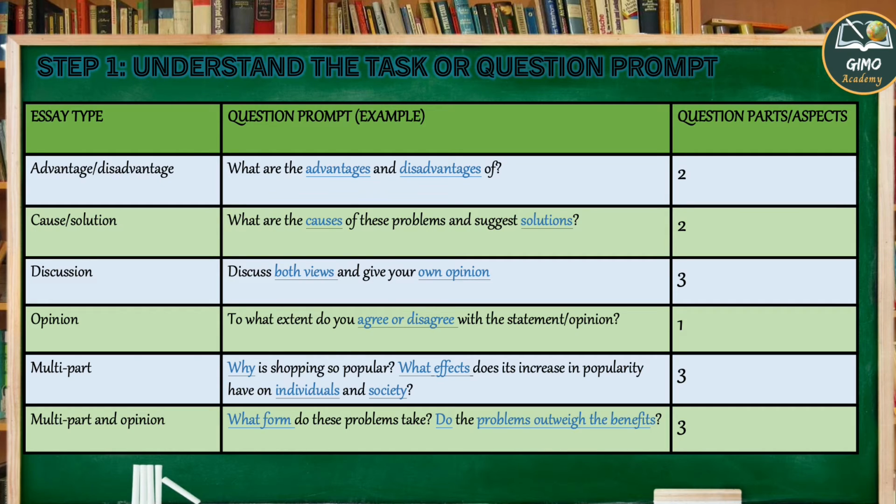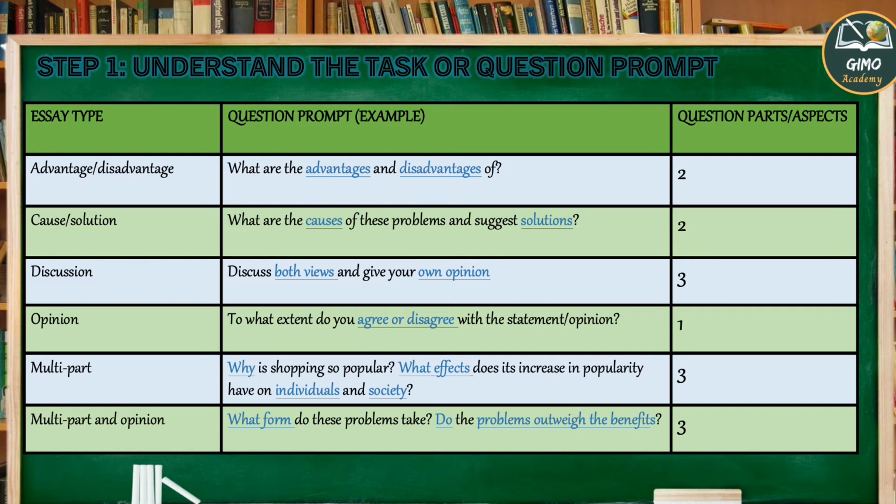The first part, you have to describe the form of the problem you are going to analyze in your essay. And then you have to discuss if these problems outweigh the benefits. In other words, you have to discuss if the negative effects of these problems are bigger than the positive effects.